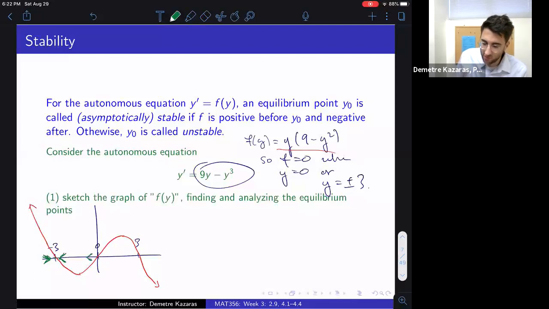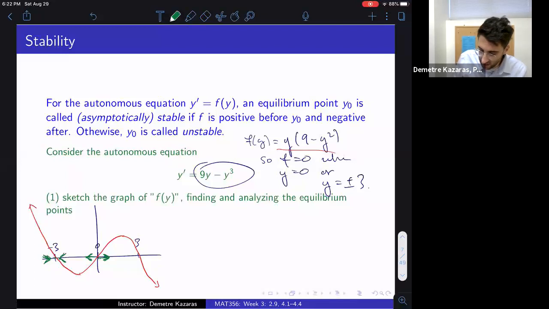Likewise, if you're a little bit below 0, you want to get away from 0 because f is negative. That means the derivative of your solution is negative. So the solution tends away from 0 if you're below. If you're a little bit above, you also tend away from 0. You want to get bigger because f is positive there. So you draw a little arrow pointing in the direction that the solution curve wants to go in when your solution curve has values near that point.